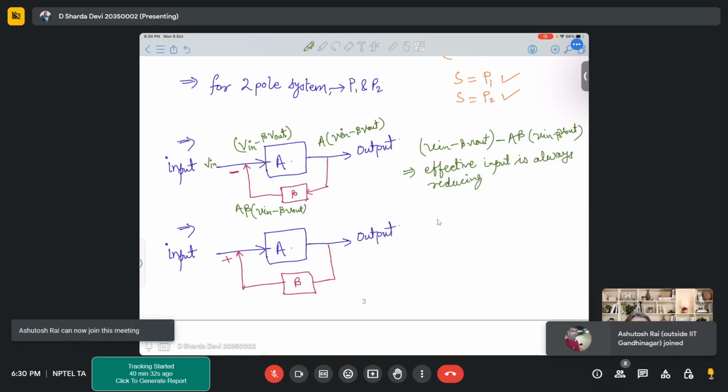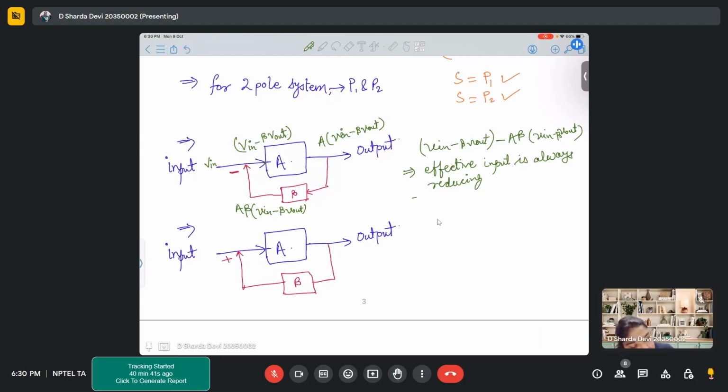Since the effective input is always reducing and your output is gain times the effective input, this leads to a reduction in the effective output also. Your effective input is reducing every time because of this negative feedback. We call this negative feedback.